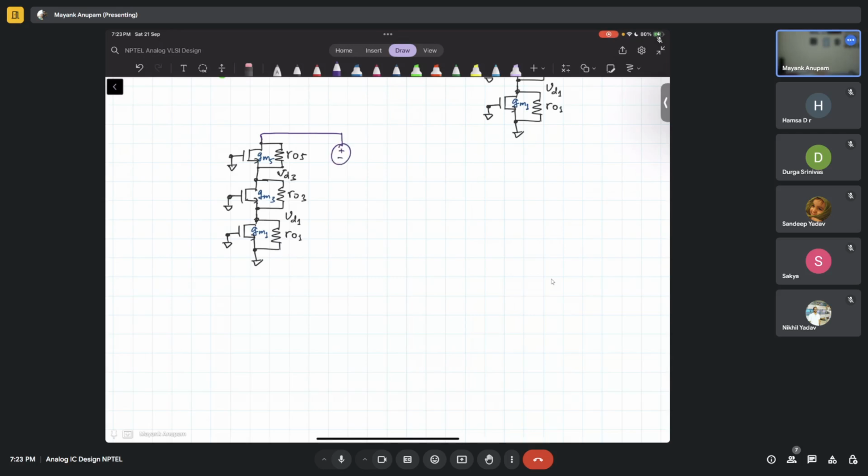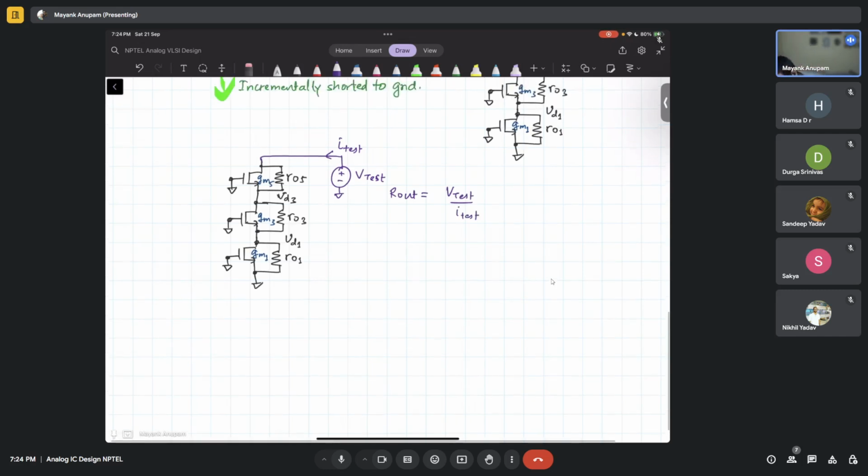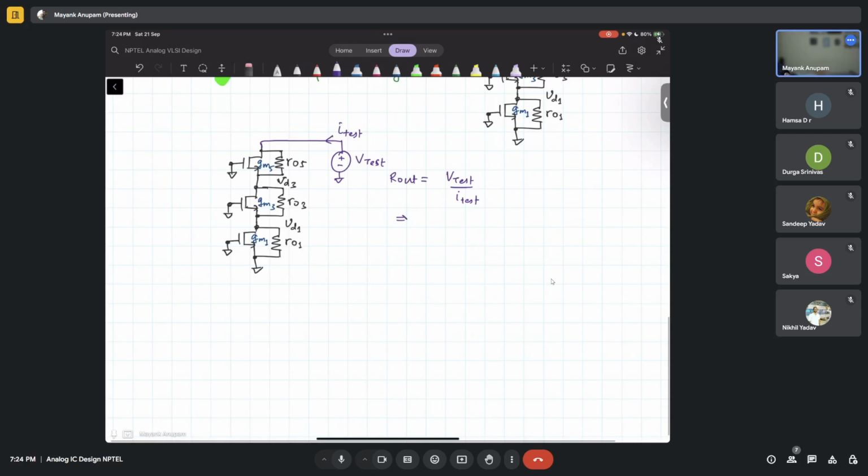You apply a V test and you find out I test. So R out will be V test upon I test, correct? This is your R out. So how much will R out be? Tell me. Did anyone try this? How much is the R out for this?